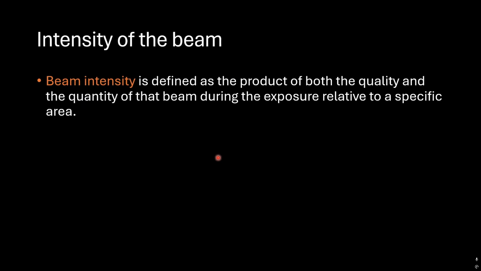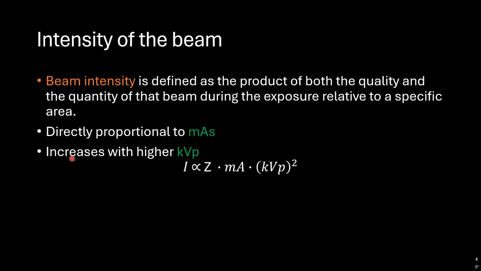Now we'll define the beam intensity. It is defined as the product of both the quality and the quantity of that beam during the exposure relative to a specific area. So the beam intensity is the product of both the quality and the quantity of the beam. It's directly proportional to mAs, so if we double the mAs in our technique, it will double the intensity, and it will also increase with higher kVp.